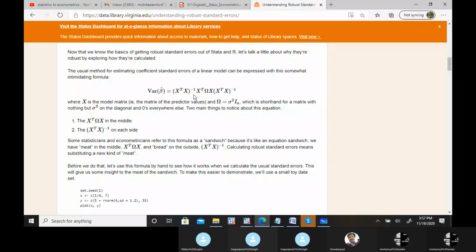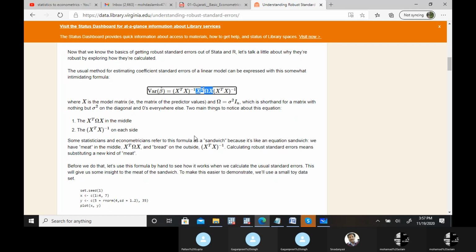It's different from what we did in the derivation of the variance of beta. There is some adjustment in this particular middle part, and if you Google it, you will find it called a sandwich, with this part in the middle and on the sides the bread and meat.